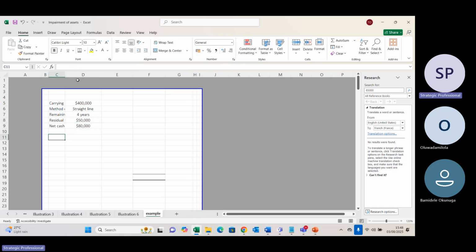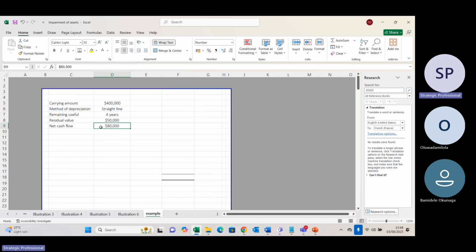So I'm trying to form this example to explain something to you guys. Estimated selling price is 250.